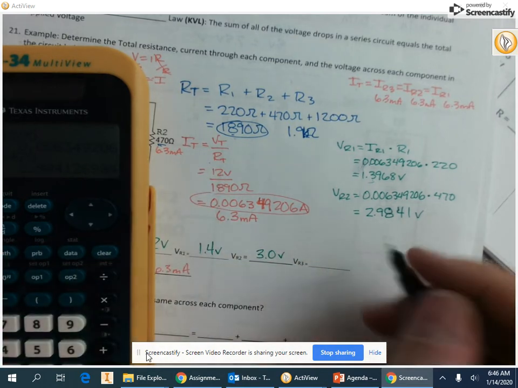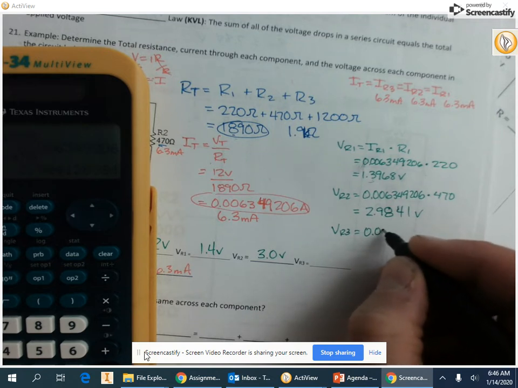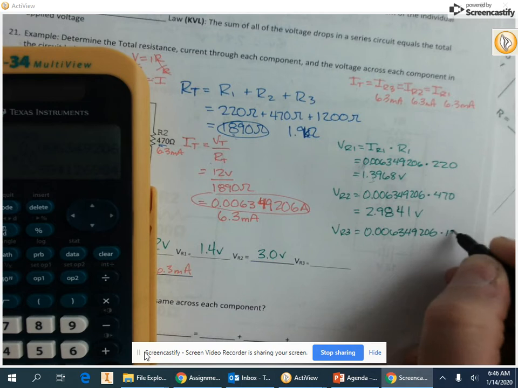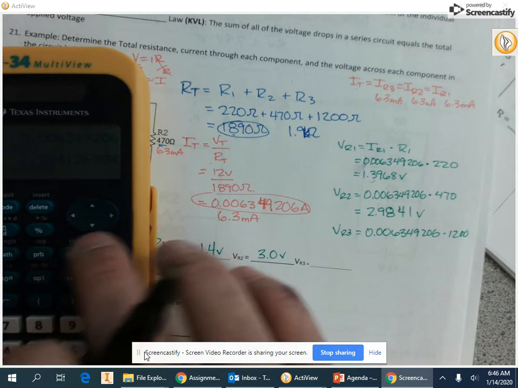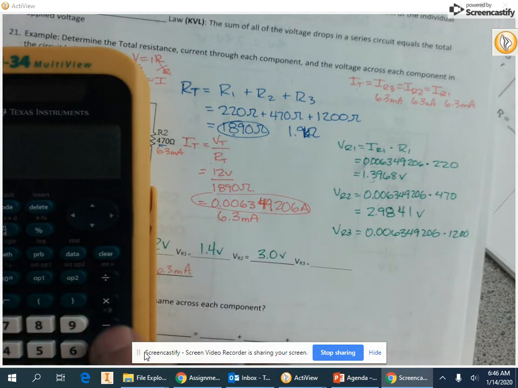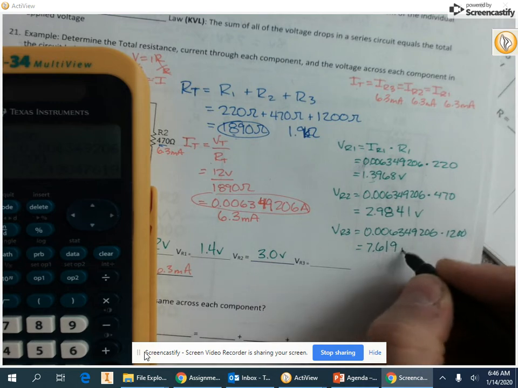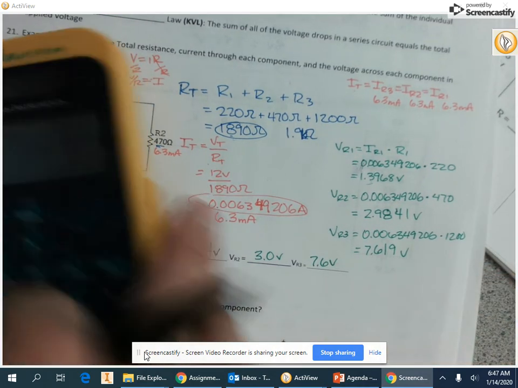And finally, VR3 is 0.006349206 times 1200, which is 7.619 volts, or 7.6 volts.